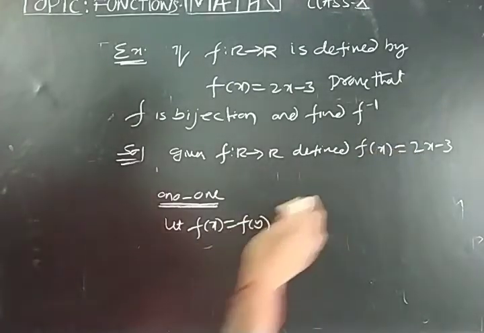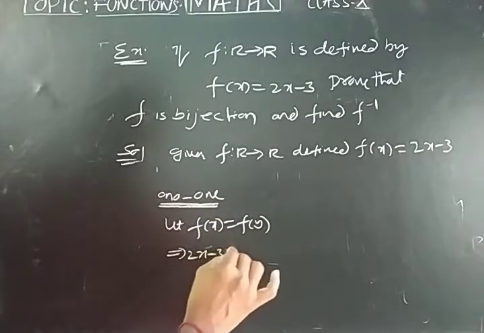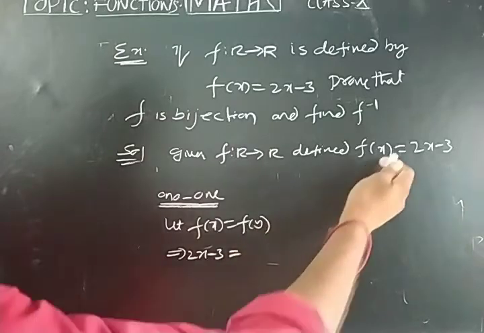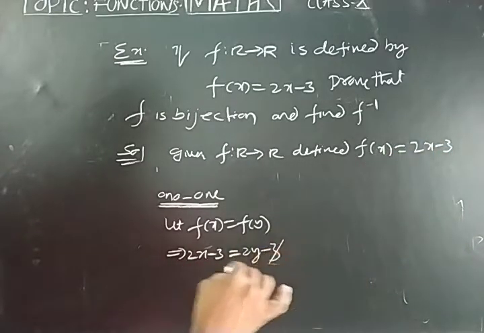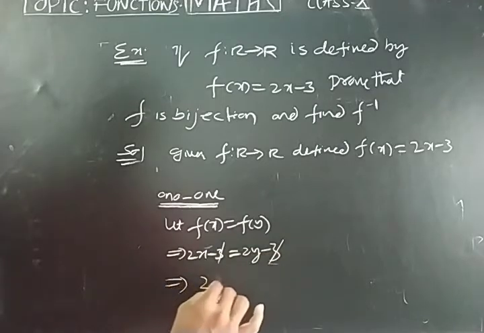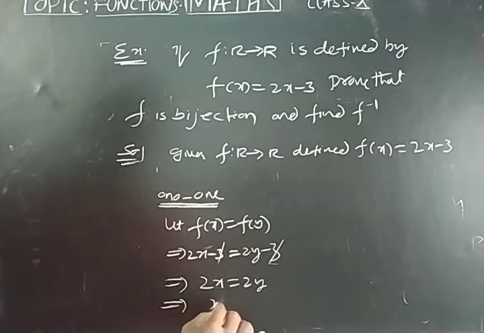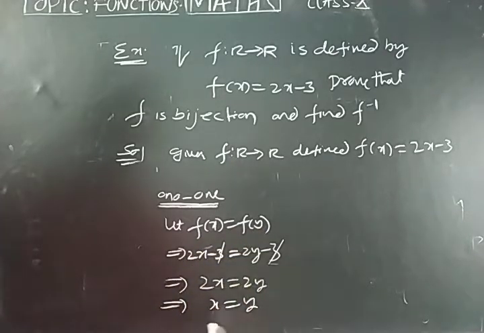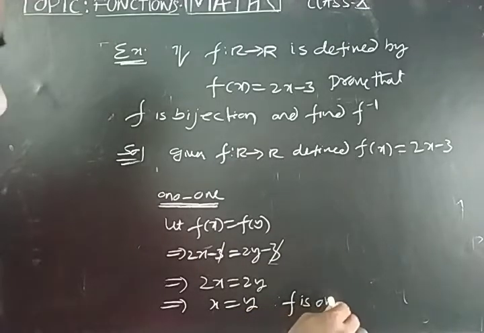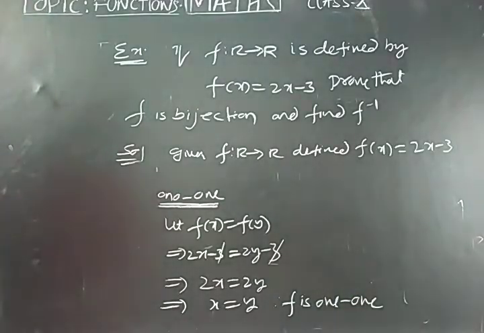By the definition, f of x is 2x minus 3, and f of y is 2y minus 3. The 3 cancels on both sides, so 2x equal to 2y, x equal to y. Therefore f is one-one.